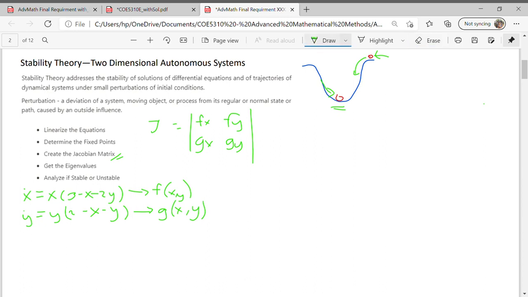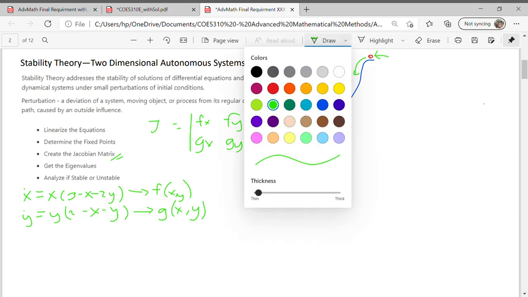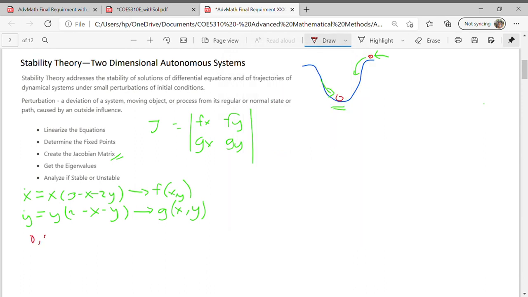The next thing that we will do is to determine the fixed points. In order to do that, we set the value of x and y as 0. Then this serves as the first fixed point or critical point. Then we substitute.